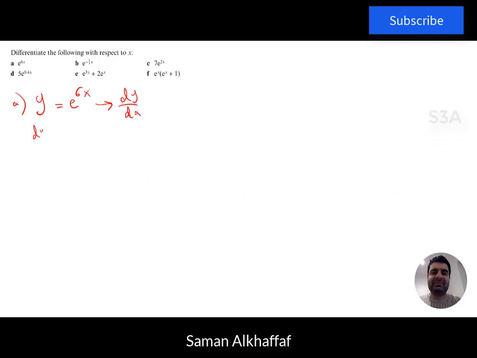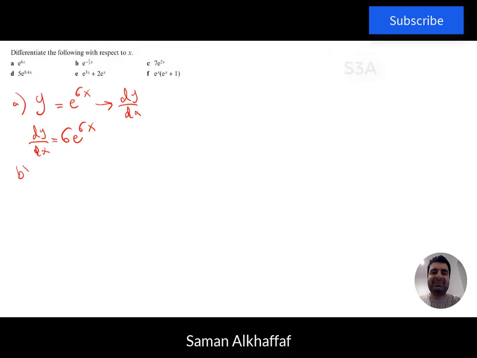To find dy over dx, we take the number from the power, which is 6, and that gives 6 e to the power 6x. That is the differentiation for part A.